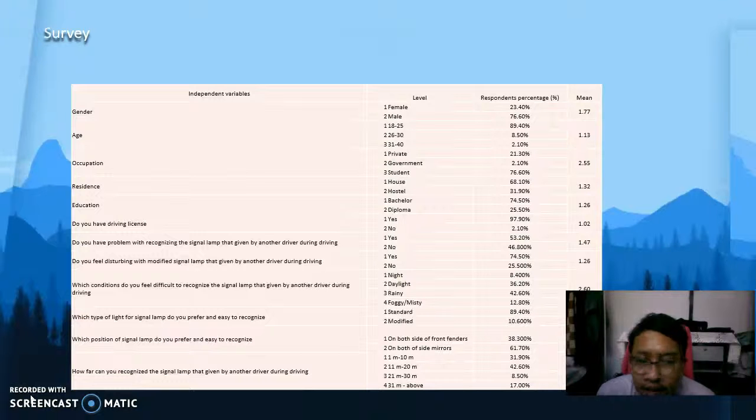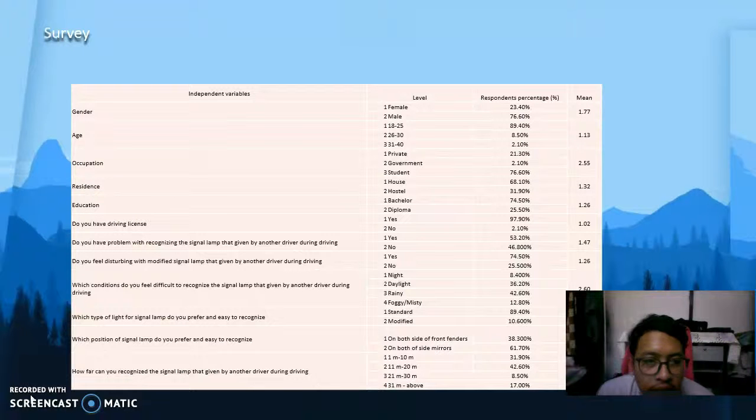Thus, they have problems recognizing the signal lamp given by another driver during driving. Also, 75% agree that they felt disturbed by modified signal lamps given by another driver during driving.